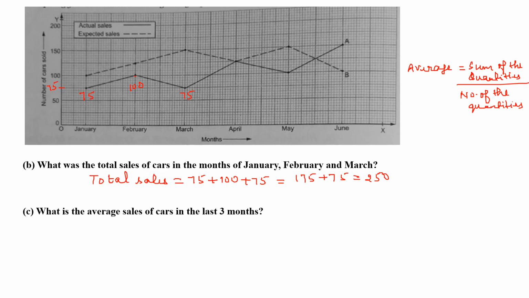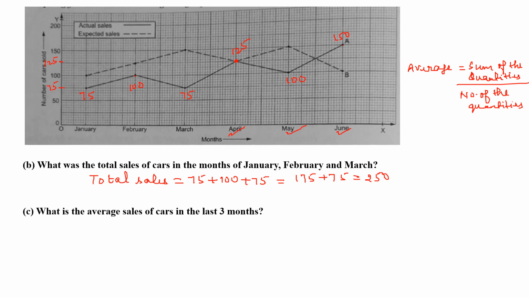So in the last 3 months, what are the sale? Again you have to see the actual sale. Last 3 months, April, May and June, you have to find. April month, if you see, it is here, which is 125. Then May month is 100 and June month is 150. So first find the sum of it.